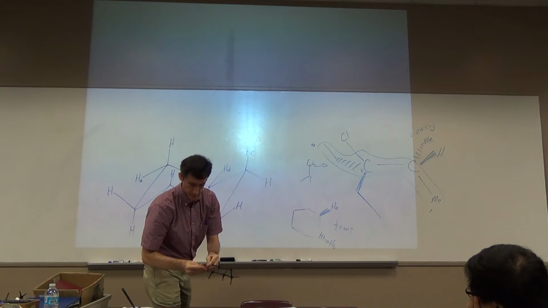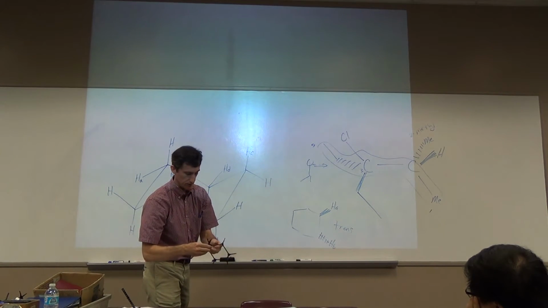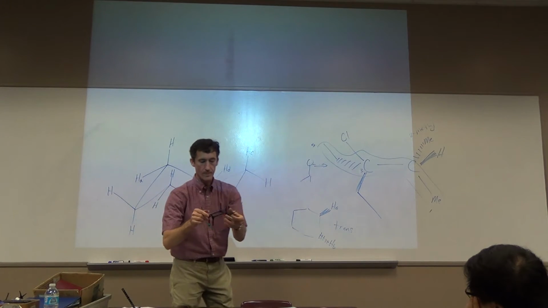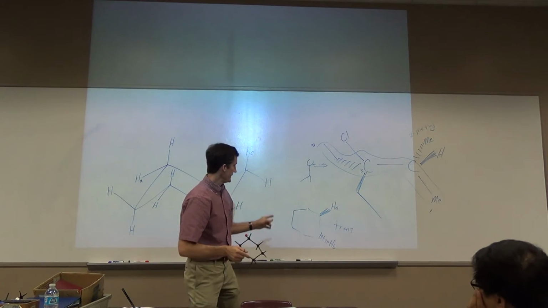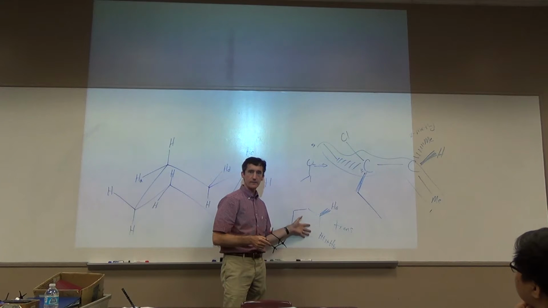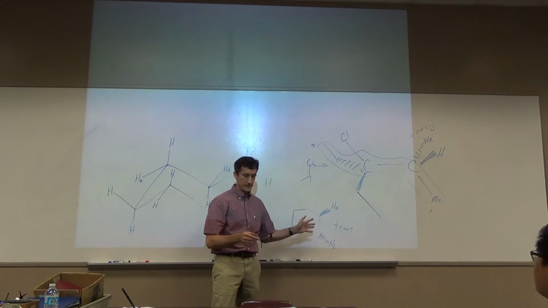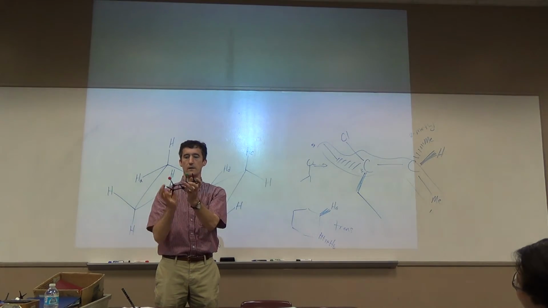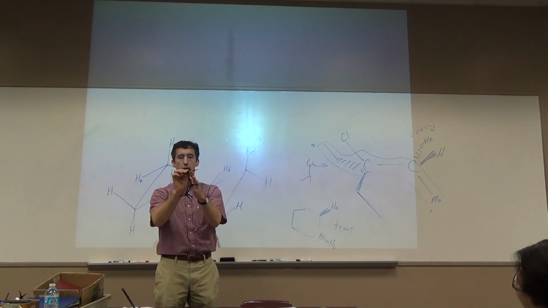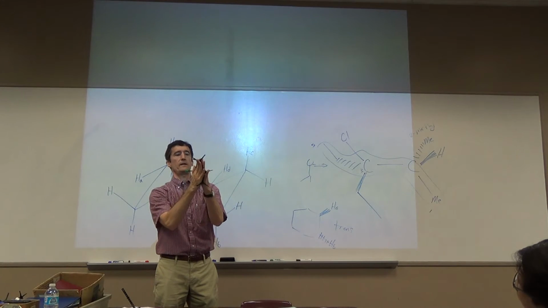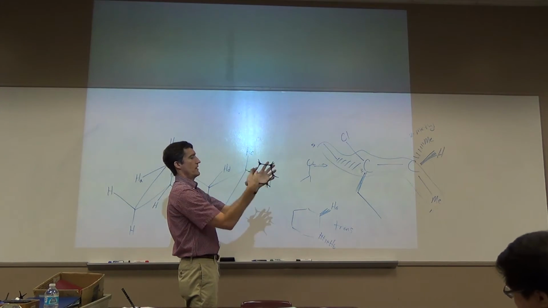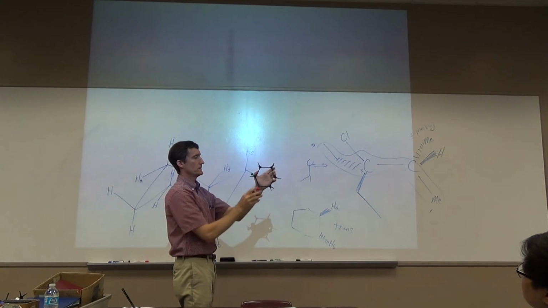Now look at this. Let me see if this helps us along here. Okay? Now see, this is like the ring is flat. If we make this ring flat, not like a pancake, in this plane, are these two things cis or trans?